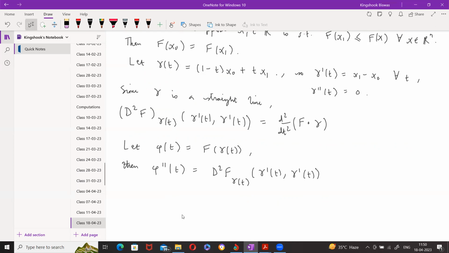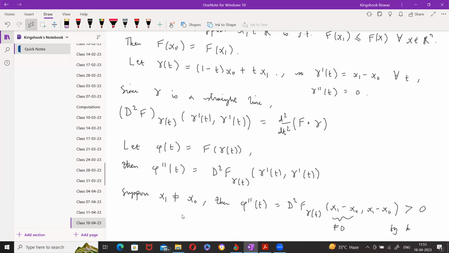So suppose x1 is not equal to x0, then phi double prime is d squared f at gamma acting on x1 minus x0, and this x1 minus x0 is non-zero. So therefore, this is going to be strictly positive by hypothesis, right?